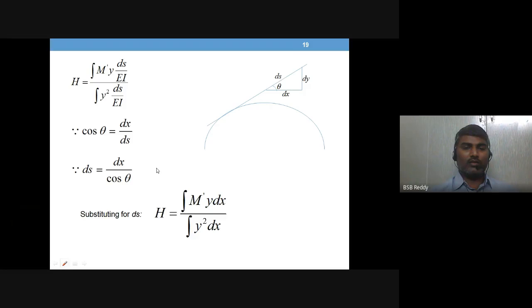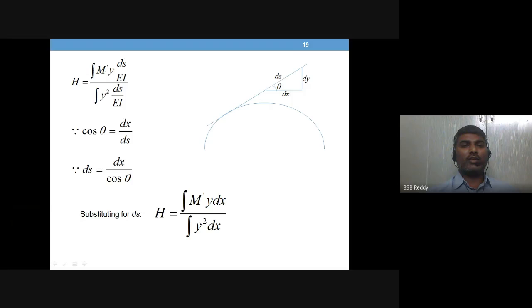so that we need to take up what to substitute for different values that are available in the H equation. Okay, right. If you see in general, the generalized H equation, what is derived earlier from the theorem of least work using strain energy due to bending, right?